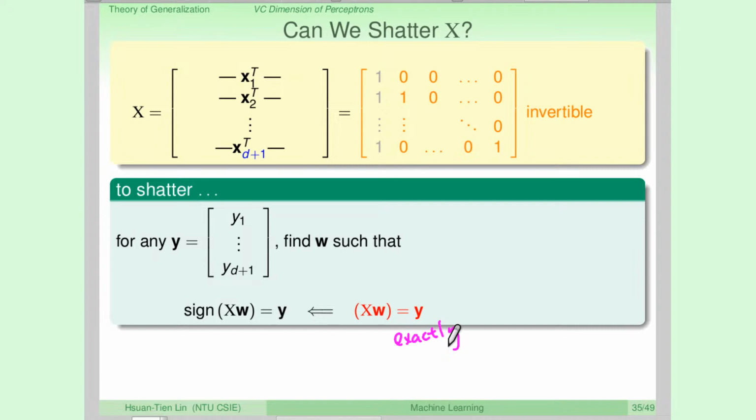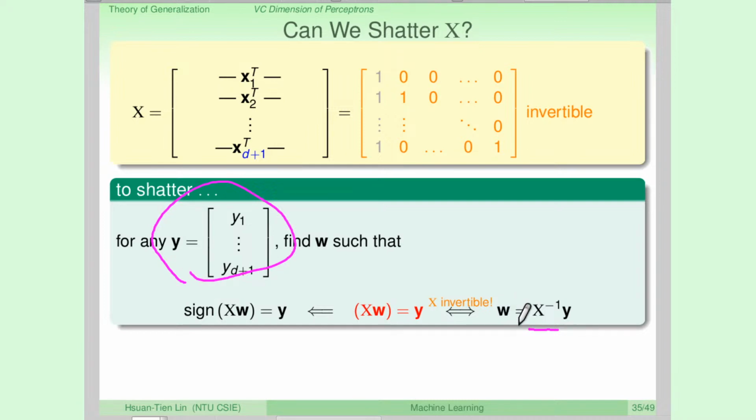Now, mathematically, can we achieve this? Yes, because X is invertible. So you can use one particular solution from linear algebra to achieve this: basically, taking the inverse of X and multiplying by y. You get the W that can achieve this. So what do we do here? You challenge me with any y you have in mind.